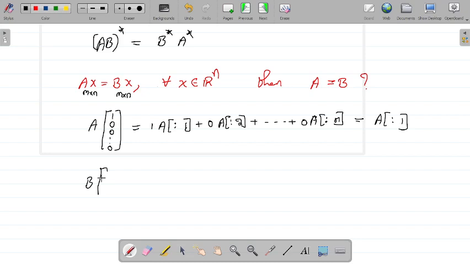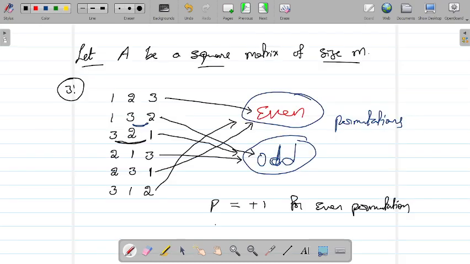Now we are going to assign a number. If it is an even permutation, we will take it as +1, whereas we will take it as -1 for an odd permutation.